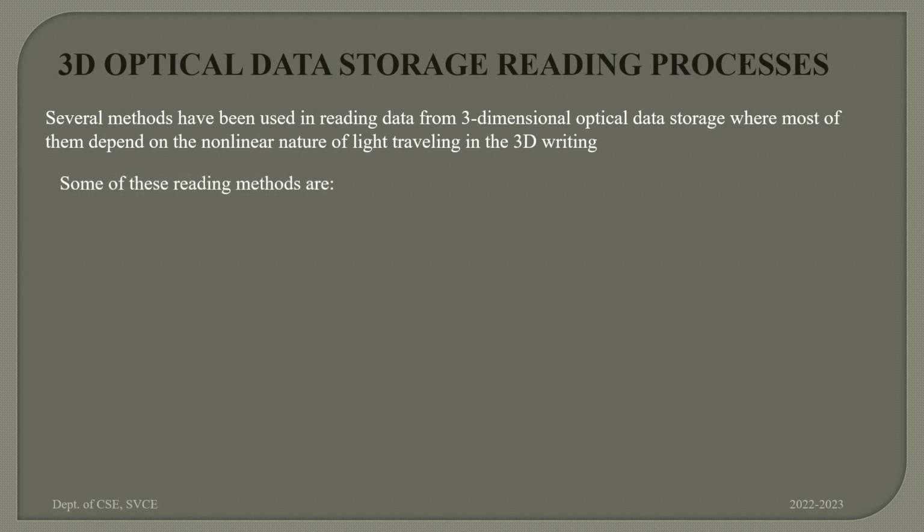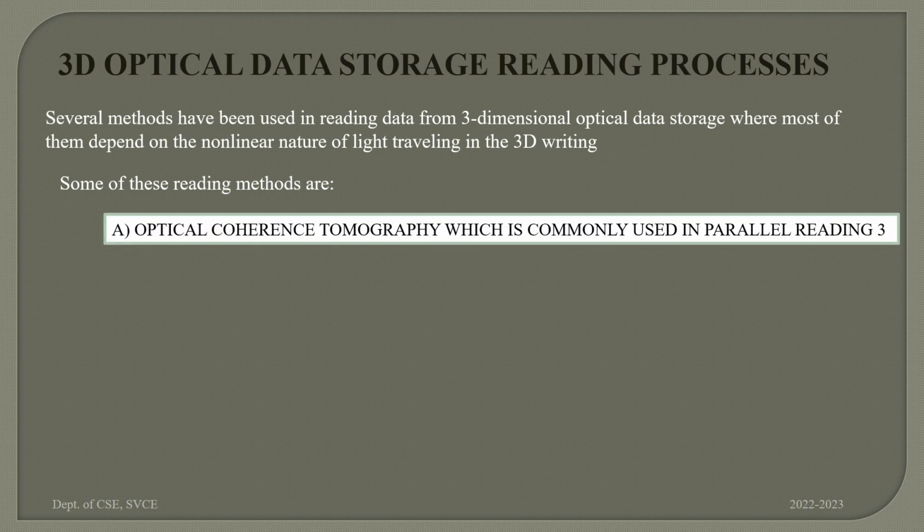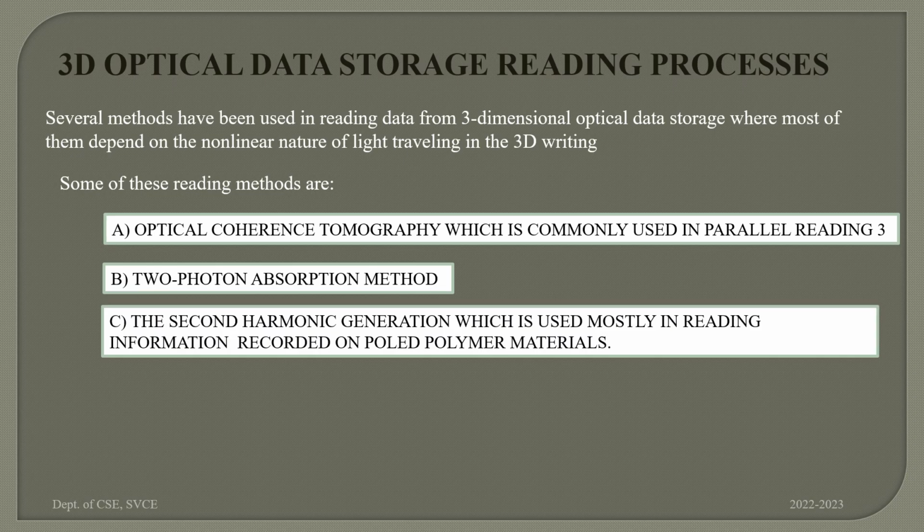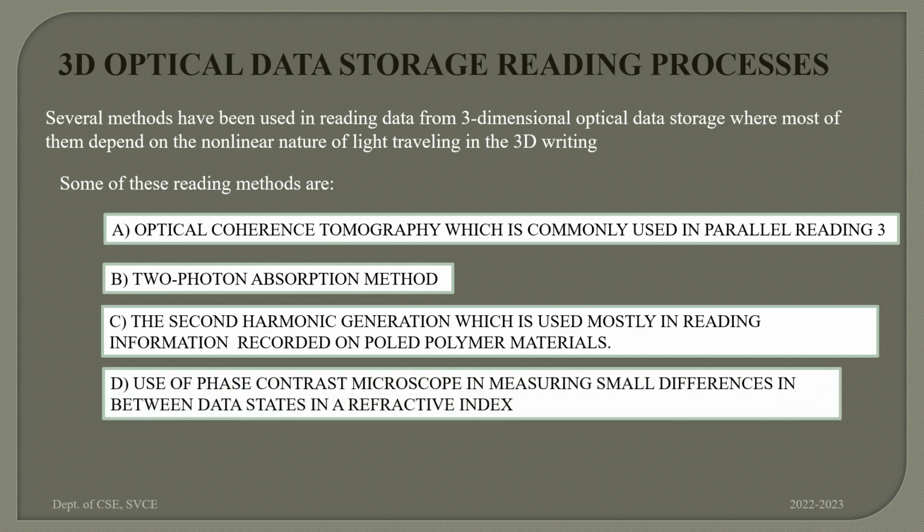Some of these reading methods are optical coherence tomography, which is commonly used in parallel reading, the two-photon absorption method, the second harmonic generation, which is used mostly in reading information recorded on the pooled polymer materials, and use of a phase contrast microscope in measuring small differences between data states in a refractive index.